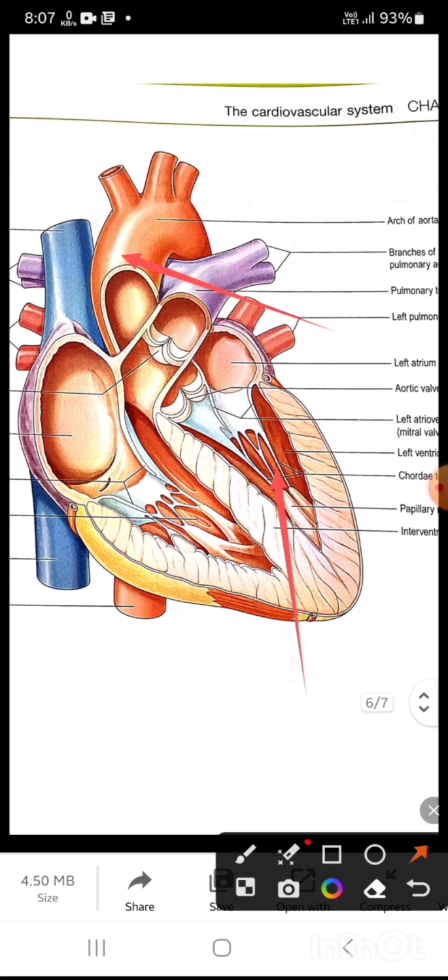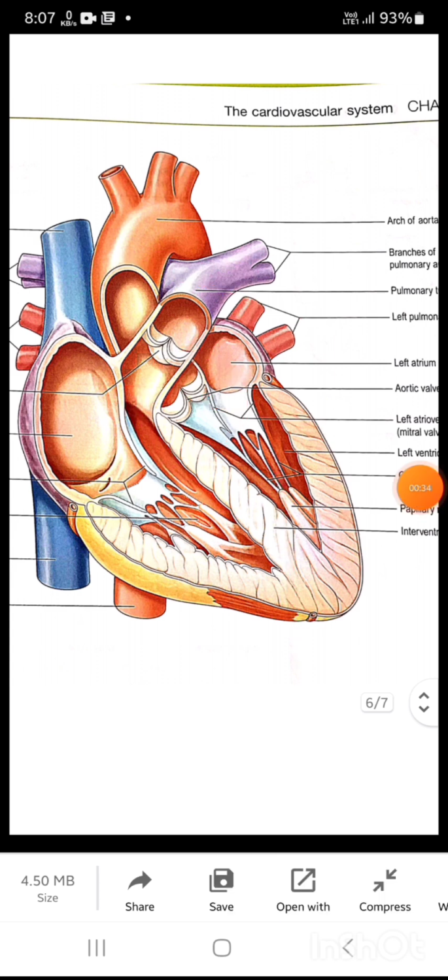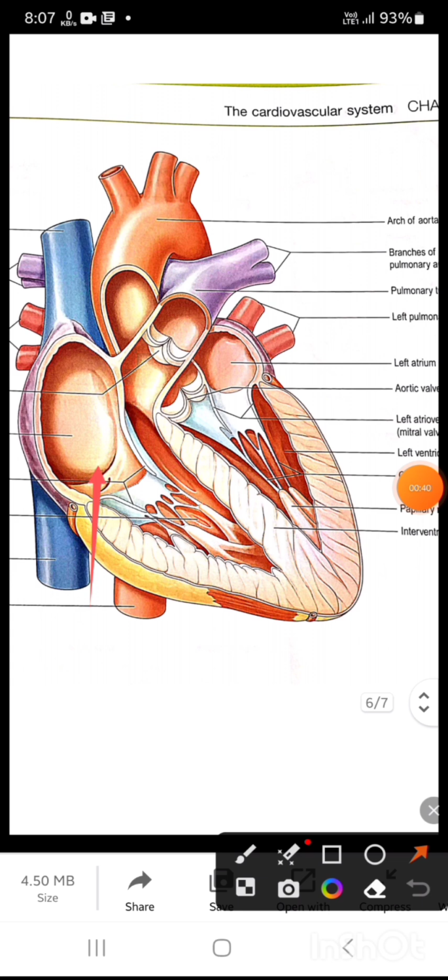This one is the aorta, and this one is the aortic valve. So from the left ventricle the oxygen rich blood is entering into the aorta through the aortic valve. When the blood is entering into the aorta, the general circulation is started.